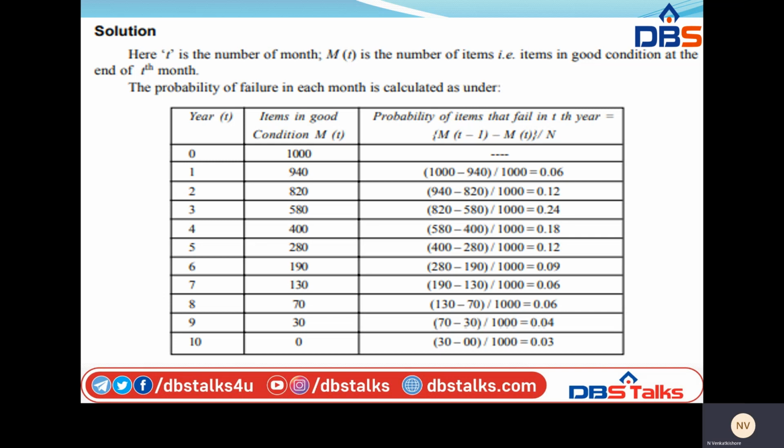But coming to the fourth, 580 minus 400, how many differences? 180. So 180 by 1000, obviously 0.18. Like that, if you see up to the ninth, that is 70 minus 30, that is 40 by 1000, which equals 0.04.